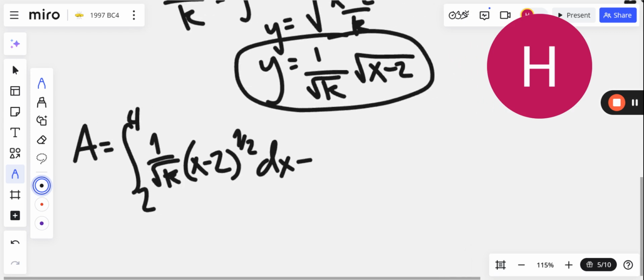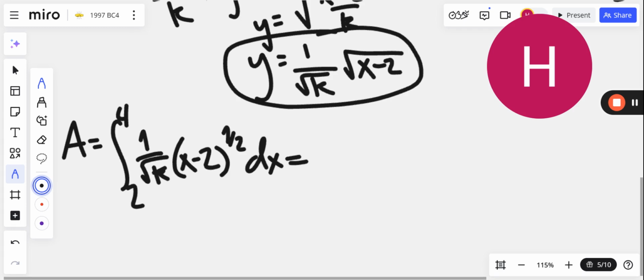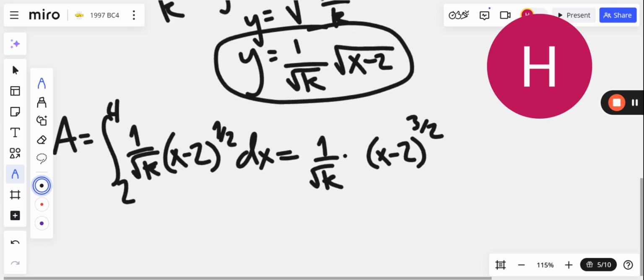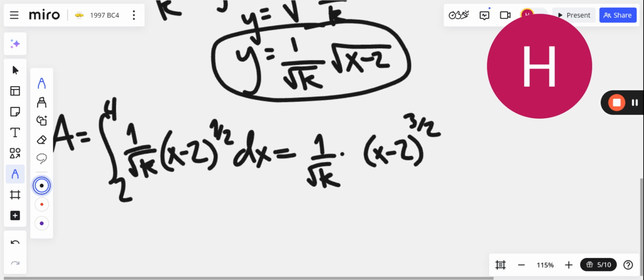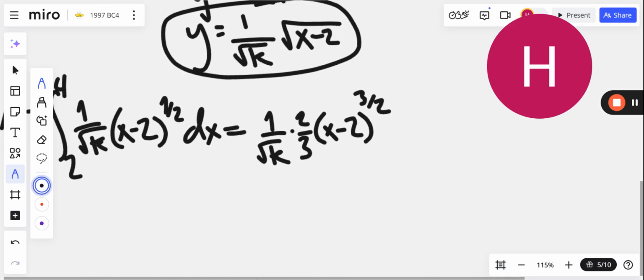Pretty straightforward. Let's do the antiderivative. That's 1 over root k times x minus 2 raised to the 3/2 power, divided by the power. Dividing by a fraction means you multiply by the reciprocal instead. And this is evaluated from 2 to 4.